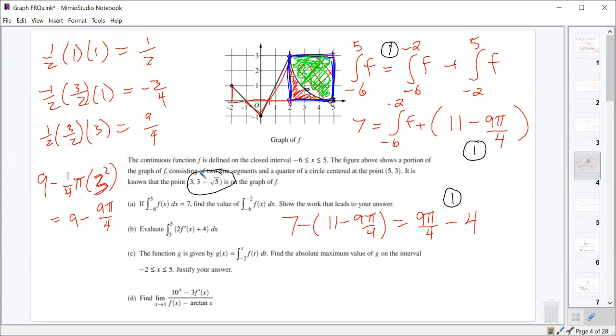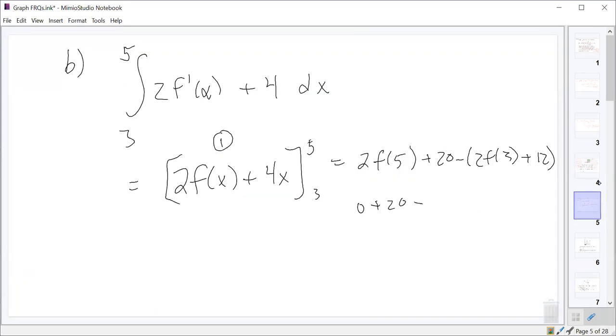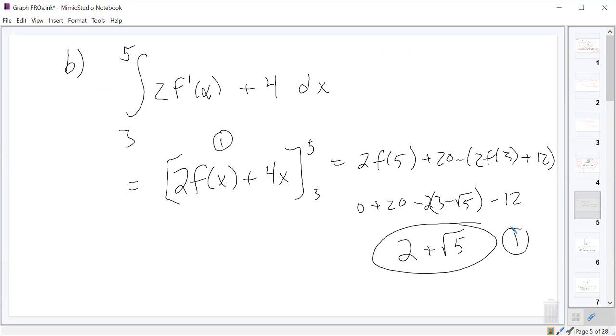Oh, look at that. They gave us the value. 3 minus root 5. So this is 2 times 3 minus root 5. And we also need to subtract the 12. So we got 20 minus 6 minus 12 is 2. And minus a negative root 5 is a plus root. And they gave you 1 point for that. So 1 point for correctly integrating, 1 point for getting the final answer correct.